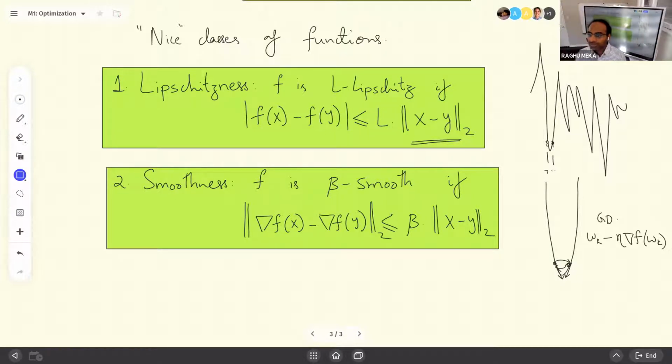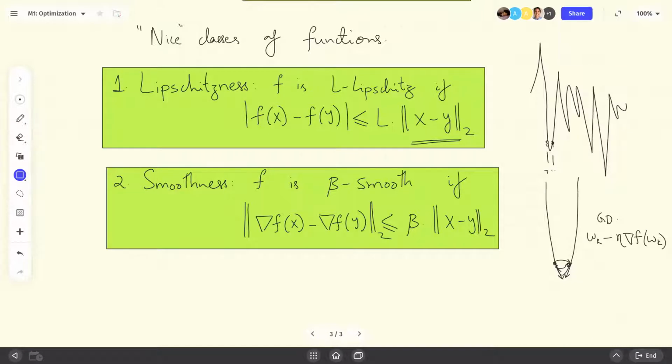So do you have a reasonable example of a function that is smooth but not Lipschitz? Basically, smoothness already implies that the function is Lipschitz. Smoothness is a stronger assumption than assumption 1. Okay, but I just wanted to make this difference because often when you read literature, you'll find analysis for Lipschitz functions, and you'll find analysis for smooth functions. But smoothness is stronger than Lipschitzness.